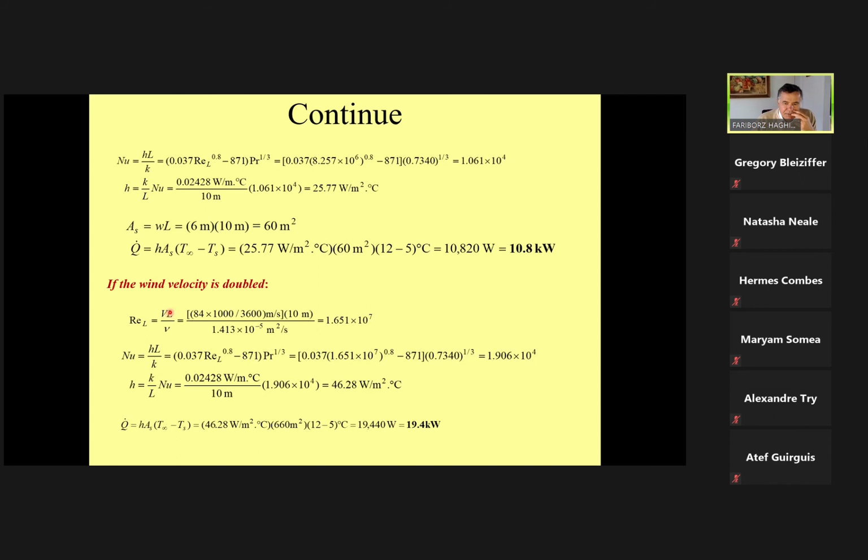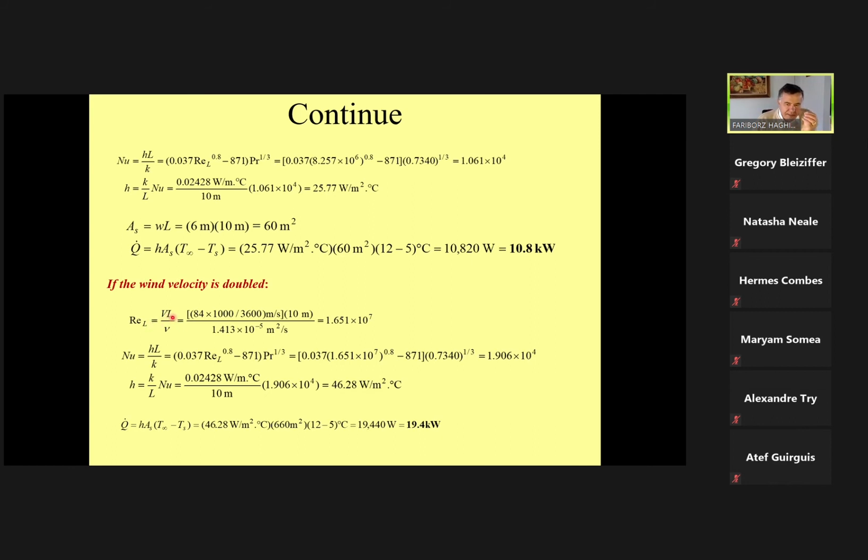I have a 10-meter long plate, going back to the previous one. I want to see the critical length at which the flow changes from laminar to turbulent. Could you please calculate it for me?